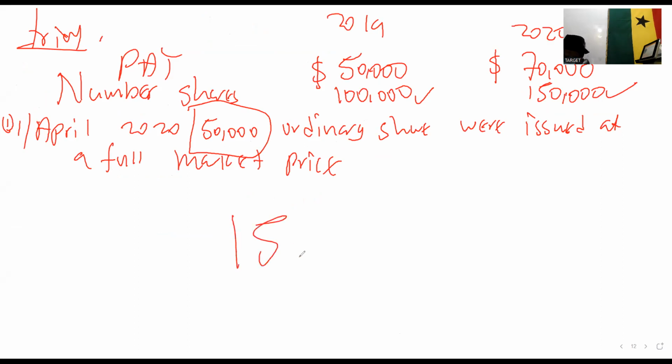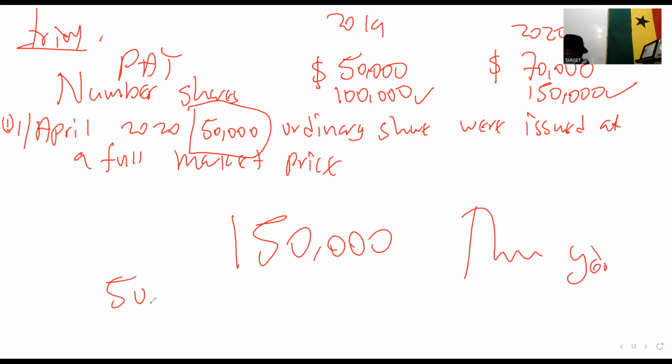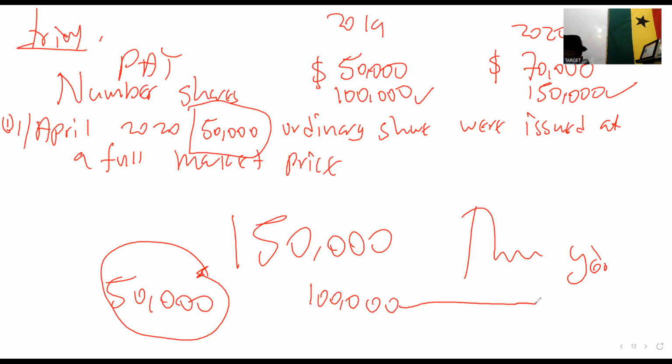But let me ask you, did all of them exist throughout the year? No. 50,000 came in late, so we must weight the average of the 50,000. 100,000 was there throughout the year. So that is the essence of the weighting.